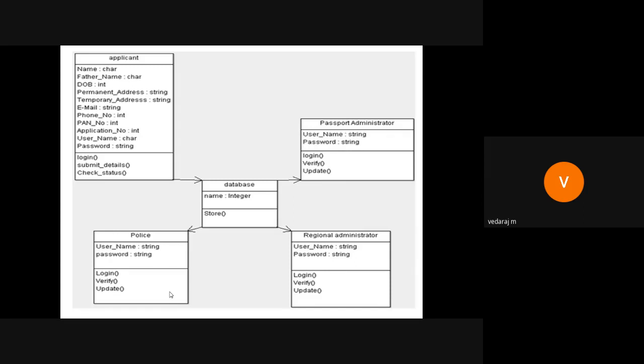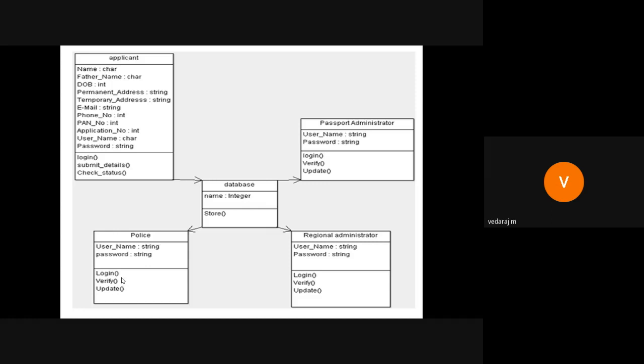Next, you identify the possible classes in hospital management system. What classes are possible? Anyone, unmute and tell me. Before you draw a class diagram, you should identify what classes are possible.